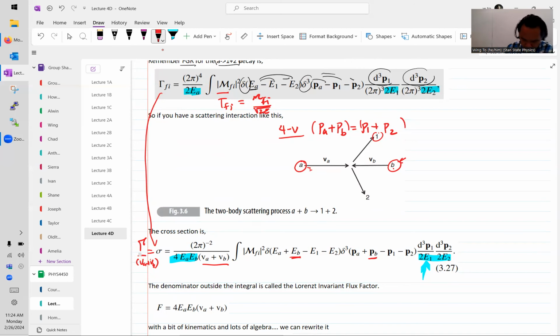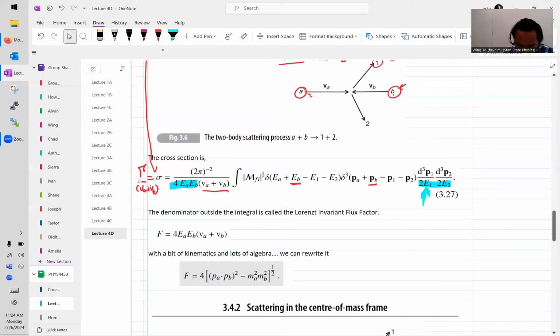This thing in the denominator is actually going to be very important. It's known as the Lorentz invariant flux factor. The reason it's called flux factor is because v_A plus v_B is proportional to the flux. The bigger the relative speed, the more the 2 particles will cross each other, and therefore give you a bigger flux.